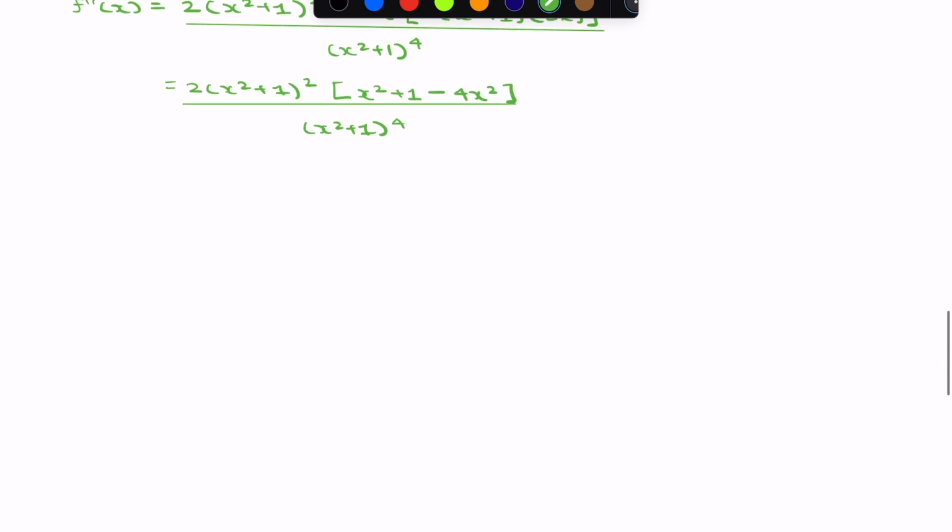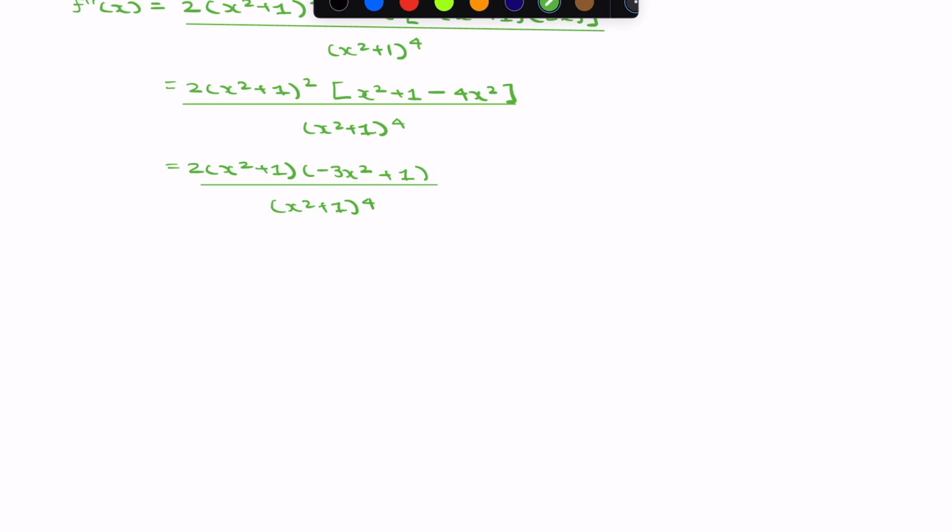So here, if we rewrite this, we have 2 times x squared plus 1 and negative 3x squared plus 1 over x squared plus 1 to the power of 4.